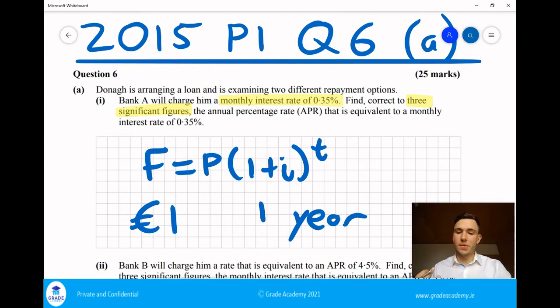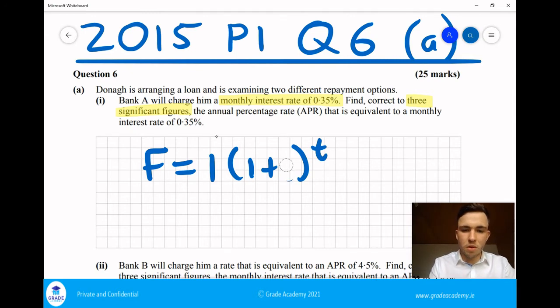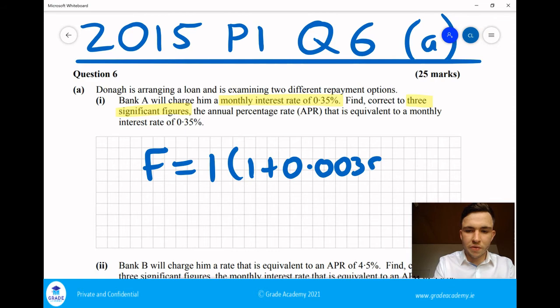We're just picking easy numbers for ourselves. So we're investing €1 and the interest rate is 0.35%, so that's going to be 0.0035.